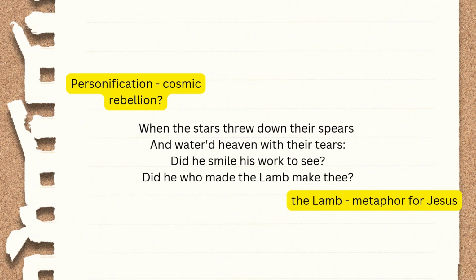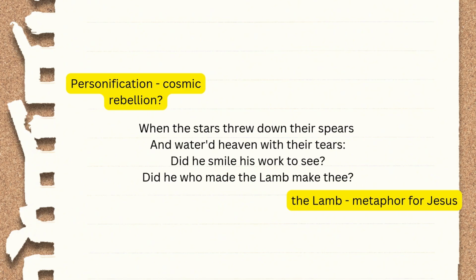Then it goes on, when the stars threw down their spears and watered heaven with their tears. So we've got this personification here of the stars throwing down their spears. So almost this idea that the stars were, well, first of all, devastated. They're so devastated that they watered heaven. We've got hyperbole there, that real exaggeration. Their tears watered heaven.